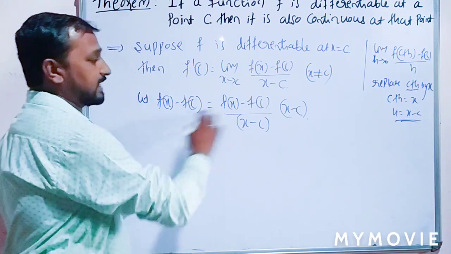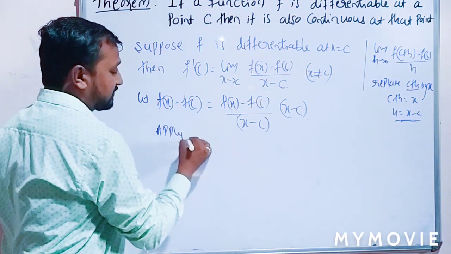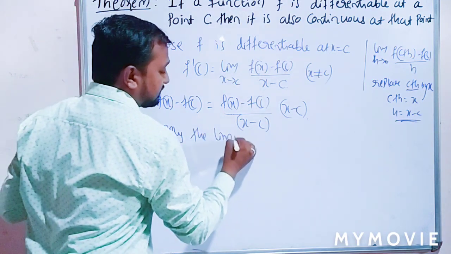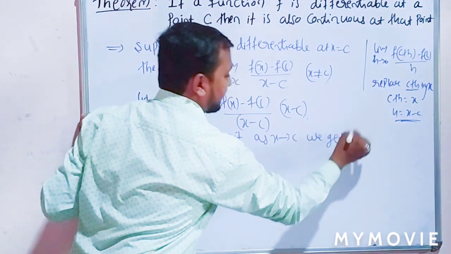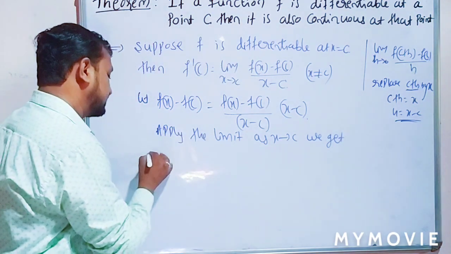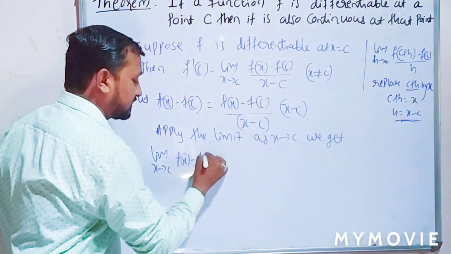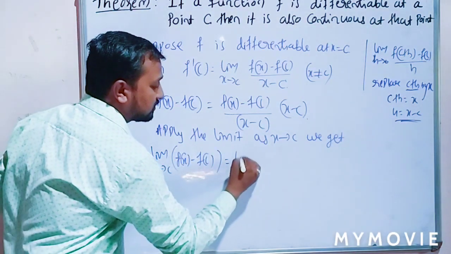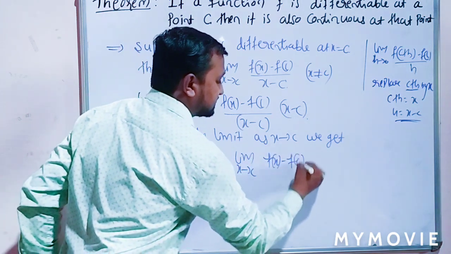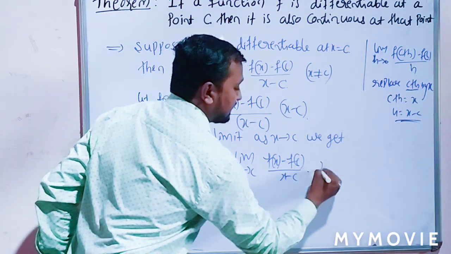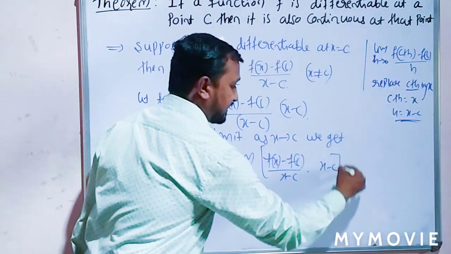Okay, then apply the limit as x tends to c. We get limit of x tends to c, f of x minus f of c is equal to limit of x tends to c, f of x minus f of c divided by x minus c, into x minus c.